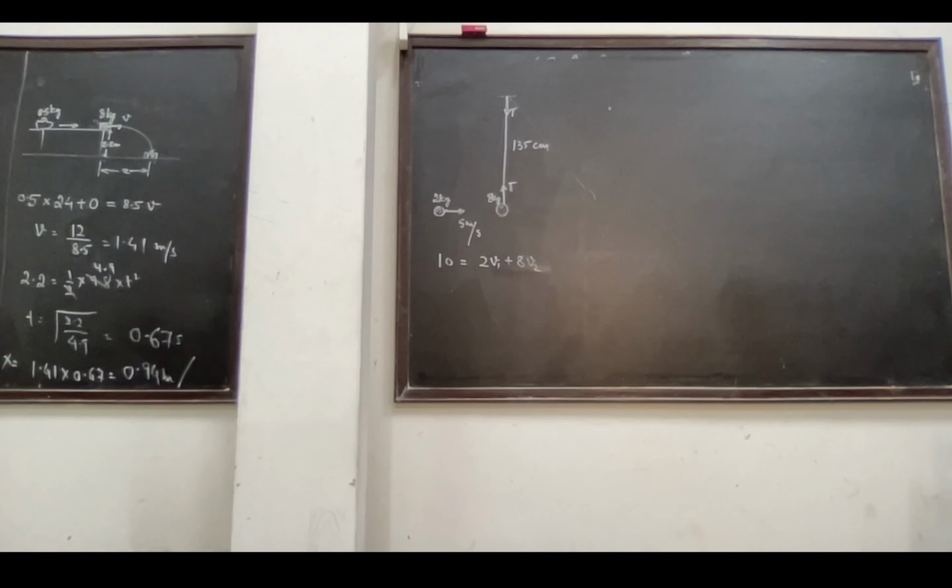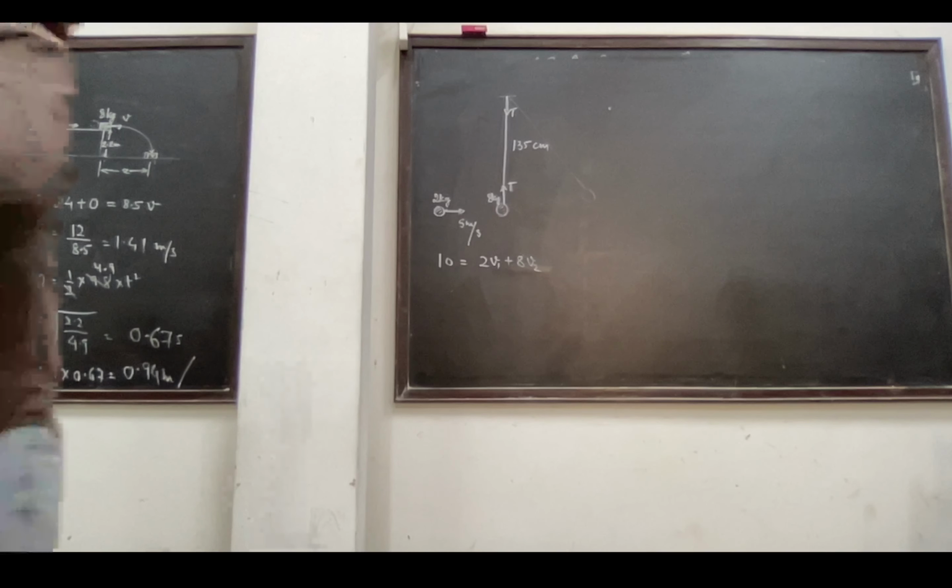In any elastic collision, relative velocity of approach is equal to relative velocity of separation, right? Coefficient of restitution is always 1. So relative velocity of approach is 5.